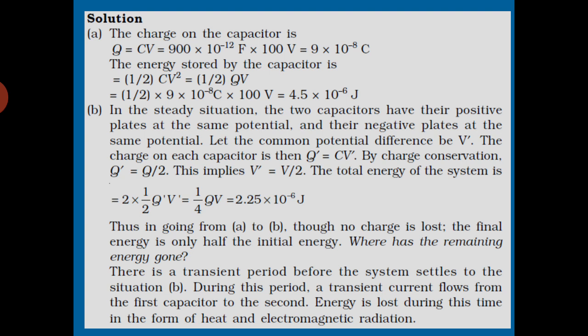During that period, we say transient current is flowing. And during this process, energy is lost in the form of heat and electromagnetic radiation. A very important concept comes out from this numerical. You have to understand the concept lying behind this numerical.